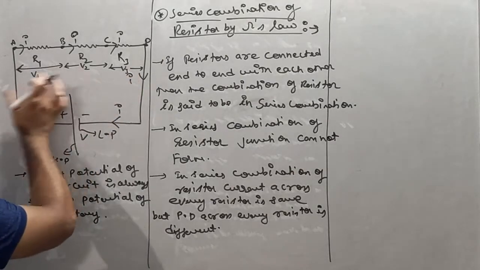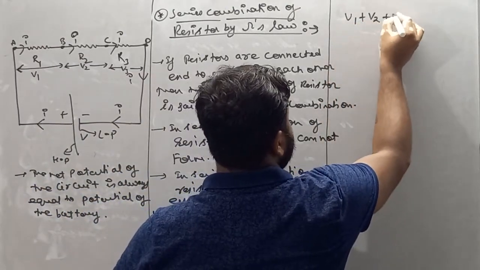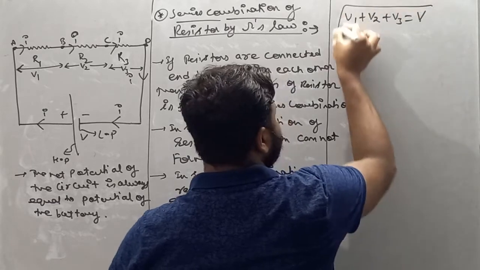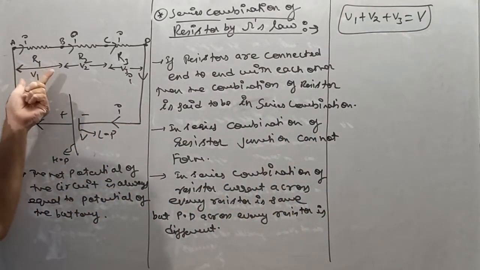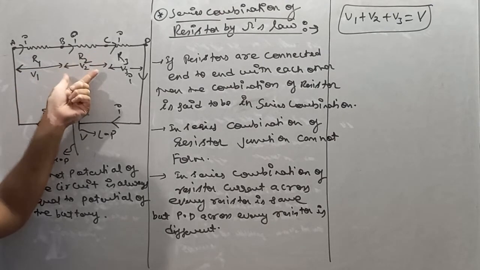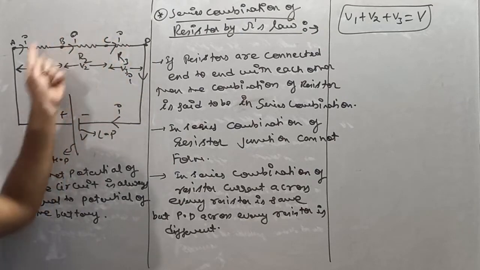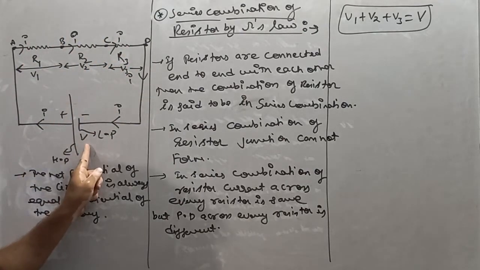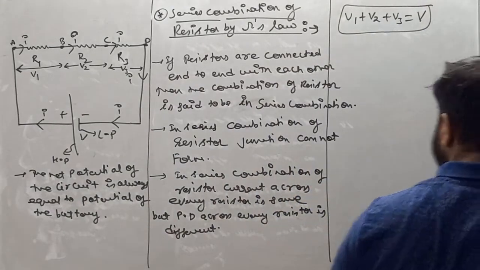So the net potential can be written as V1 plus V2 plus V3 is equal to V, because potential of the battery is V.